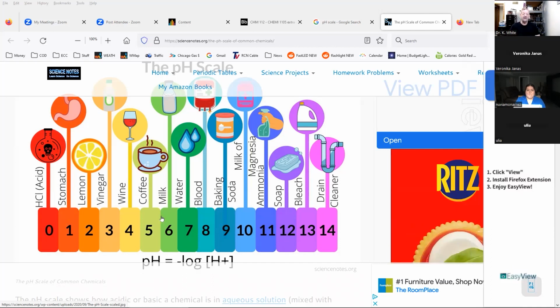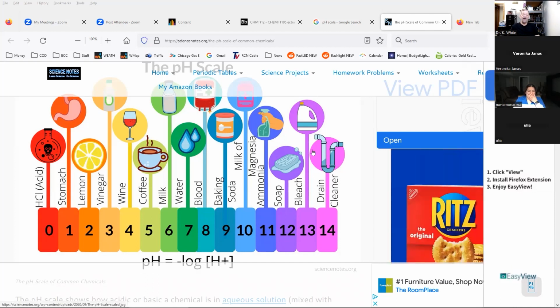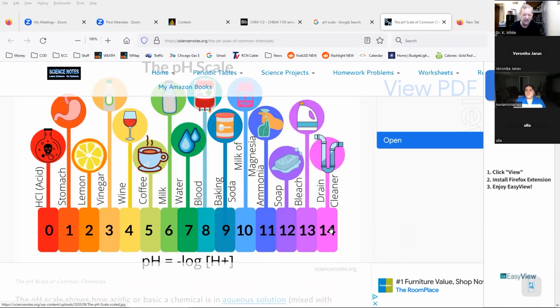Now, if you look at ammonia, which is a base, the pH is above 7, and that's why ammonia is a base. Well, not why it's a base, but it shows you it's base. And drain cleaner, there are different types of drain cleaner. The best one is made with sodium and potassium hydroxide.